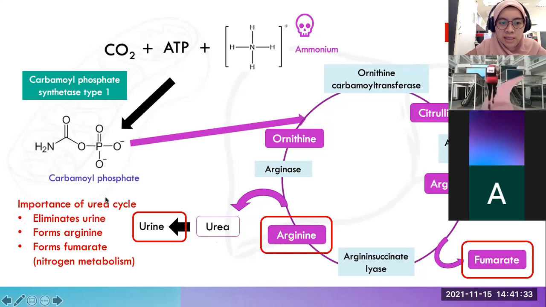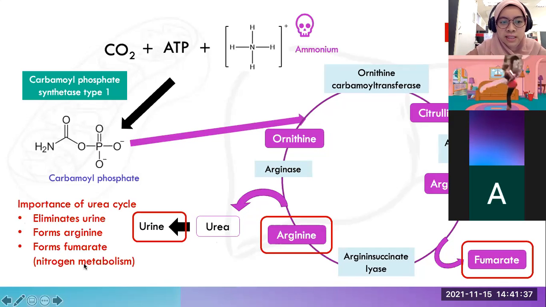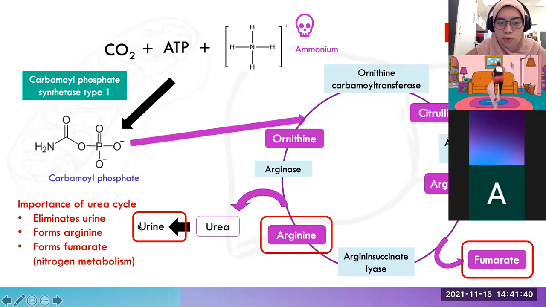So what is the importance of the urea cycle? The first thing is to eliminate ammonium, which is toxic to our body, as urea in urine. The urea cycle can also form arginine, one type of amino acid, and it can also form fumarate, which is important for nitrogen metabolism.